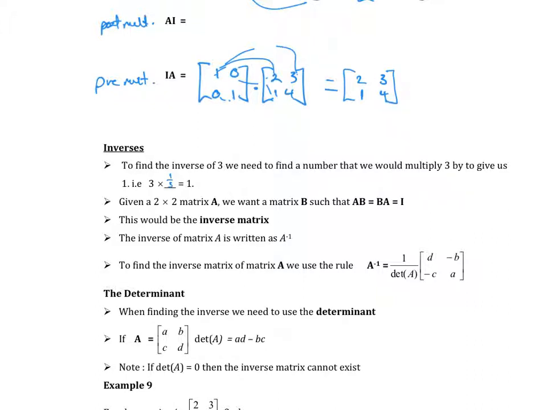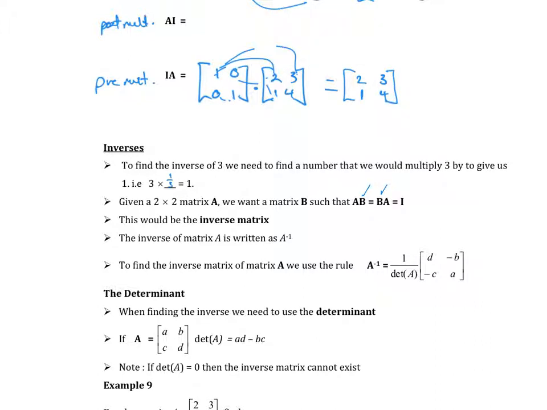All right. Now, if we have a 2 by 2 matrix A, we want another matrix B, so that it doesn't matter whether we multiply by B at the start or multiply by B at the end, I'll end up with the identity matrix. All right, so that's what the inverse is.